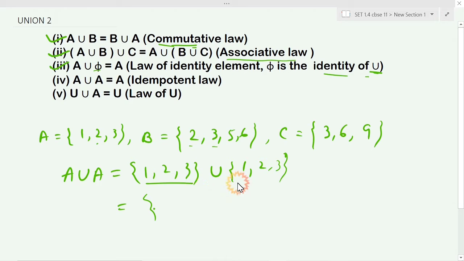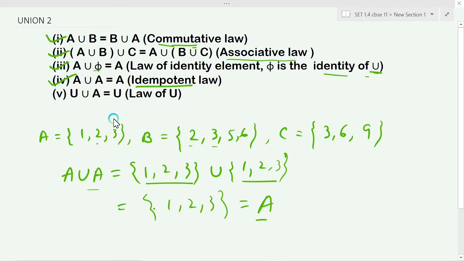Here the common elements are 1, 2, 3, and then we have to write the other elements, but there are no other elements. Okay, and we get A union A as 1, 2, 3, and the set 1, 2, 3 is already denoted by A. So A union A equals A, and this is called the idempotent law.